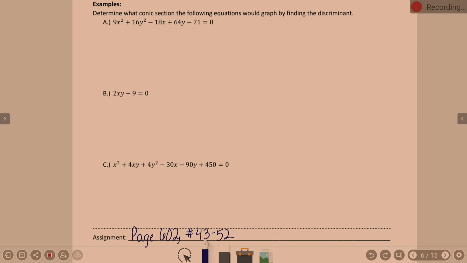What's A? 9. Because 9 is in front of x squared, which, by the way, my equation does equal 0, yes? If it doesn't equal 0, you would want to make it equal 0 before you talk about your ABCs. Okay? What's B?